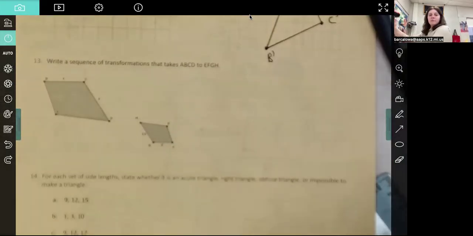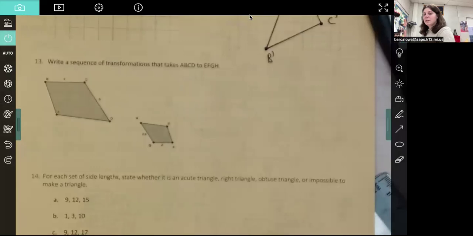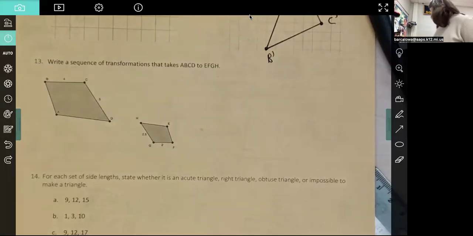Okay, write a sequence of transformations that takes A, B, C, D to E, F, G, H. Let me grab some patty paper. Where's Miss Clyde keep this stuff? Oh, found it.